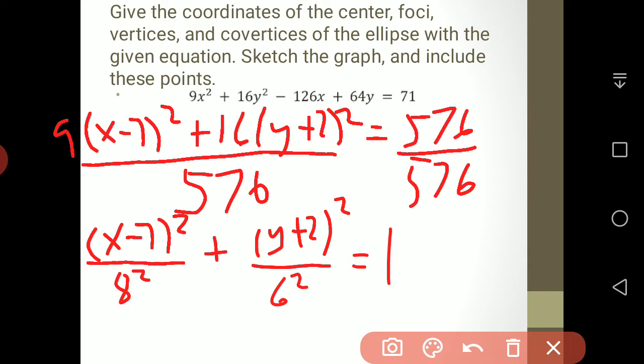Since the greater denominator is under x, we have a horizontal ellipse.